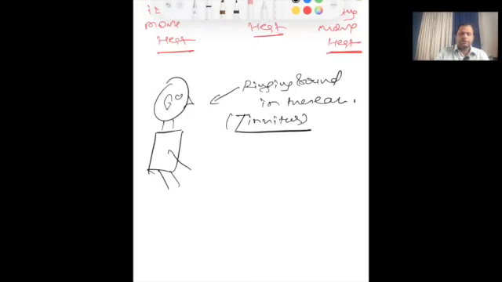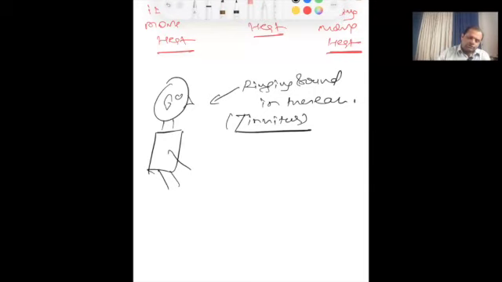There is a continuous ringing sound in the ear, and the person is facing too much trouble. But there might be many causes, and many different approaches to treat this single problem. So first we have to do a diagnosis. What is the cause of the tinnitus?